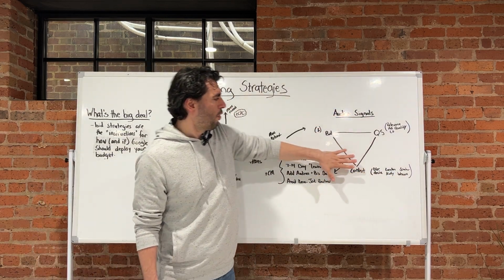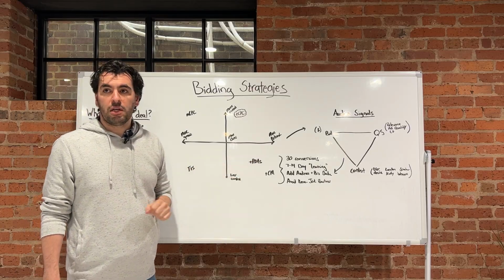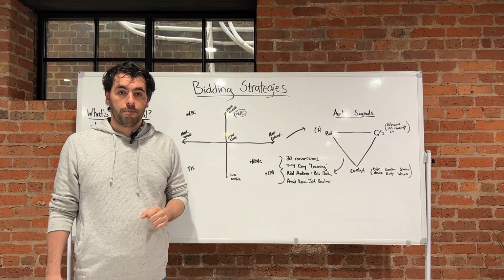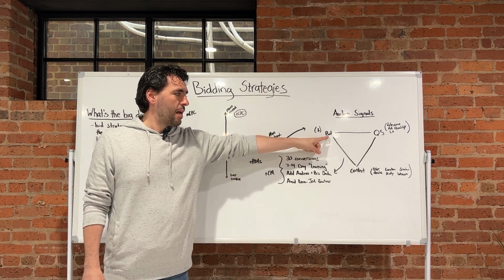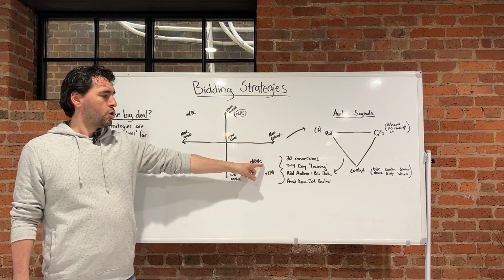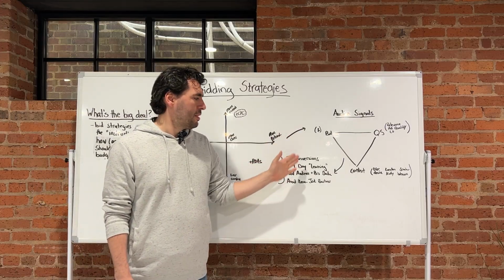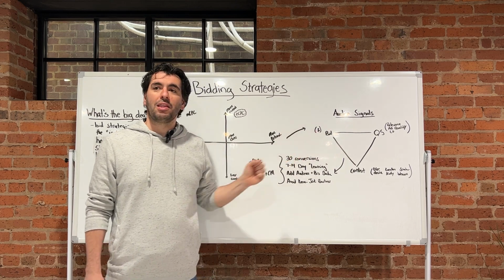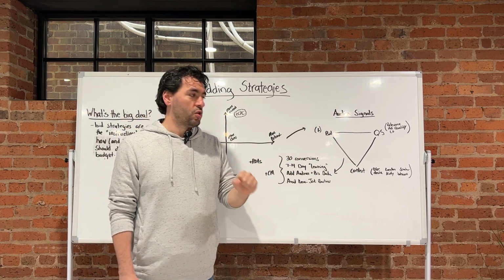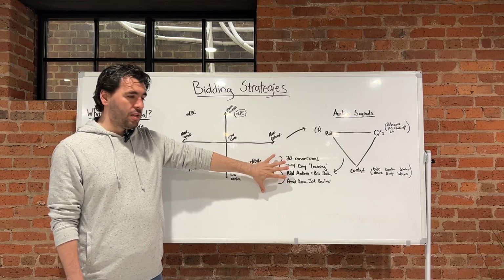And it uses all of this to predict the expected return on ad spend or the expected cost for an acquisition. And it uses that prediction to ultimately settle on a bid so that you are getting the result that you want. All of this only happens if the data is stable and if it can actually make those predictions confidently. So, as you think about bidding strategies, remember these rules.